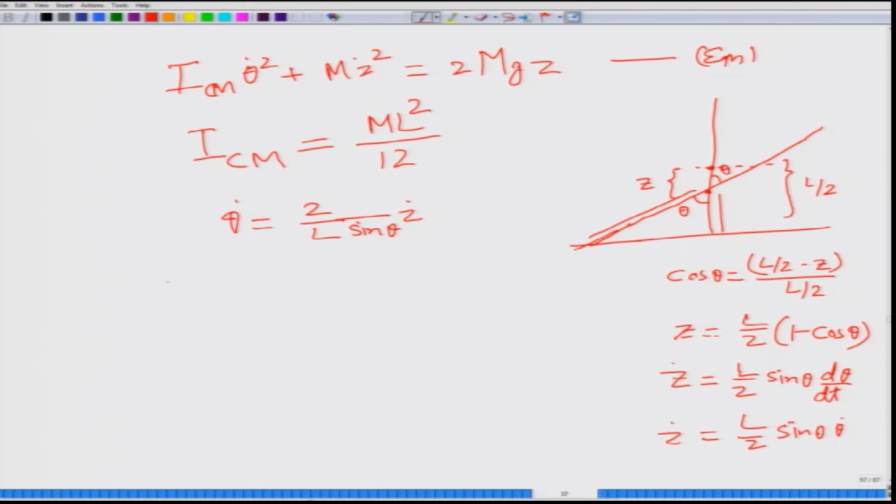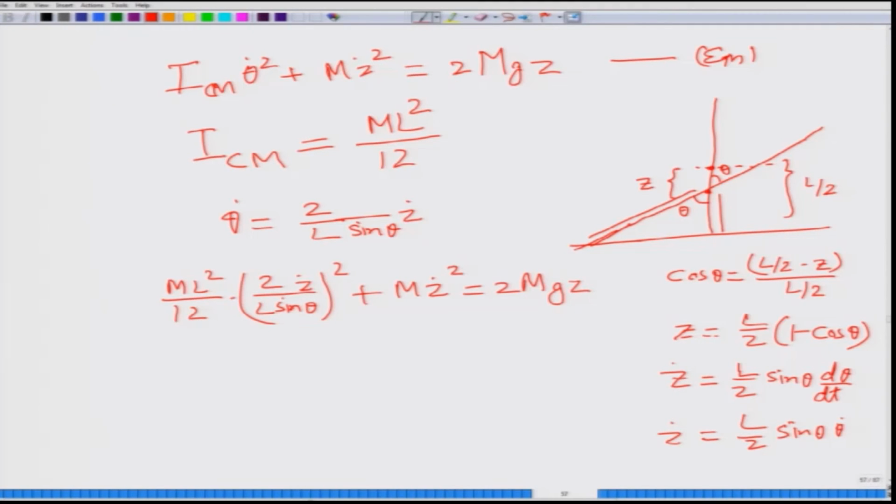So I_CM is mL square by 12, theta dot is 2 by (L sin theta) z dot, square, plus m z dot square is equal to 2 m g z.